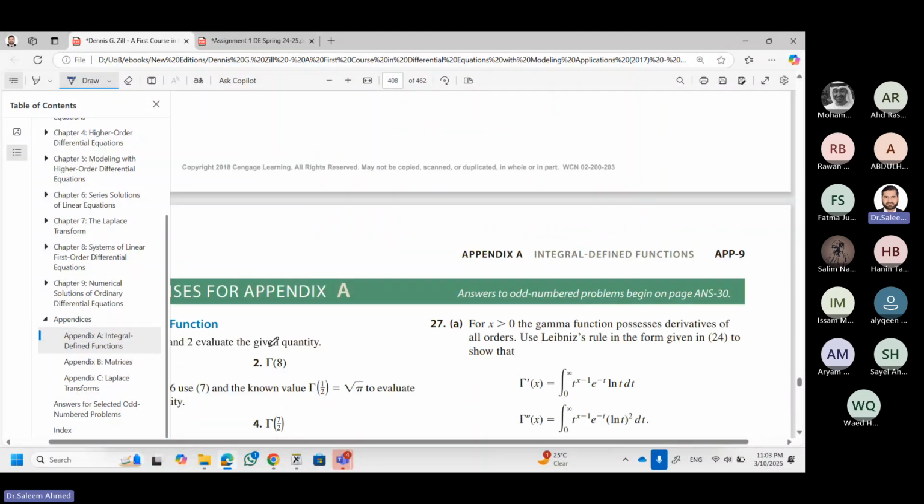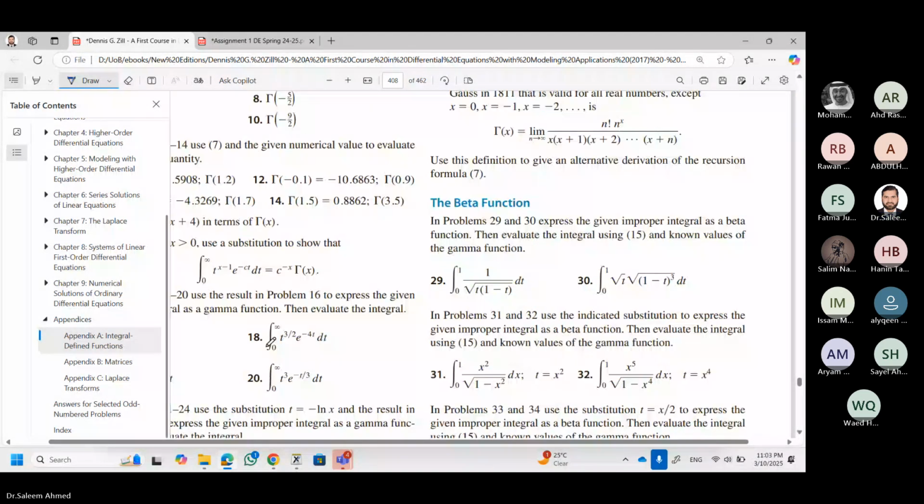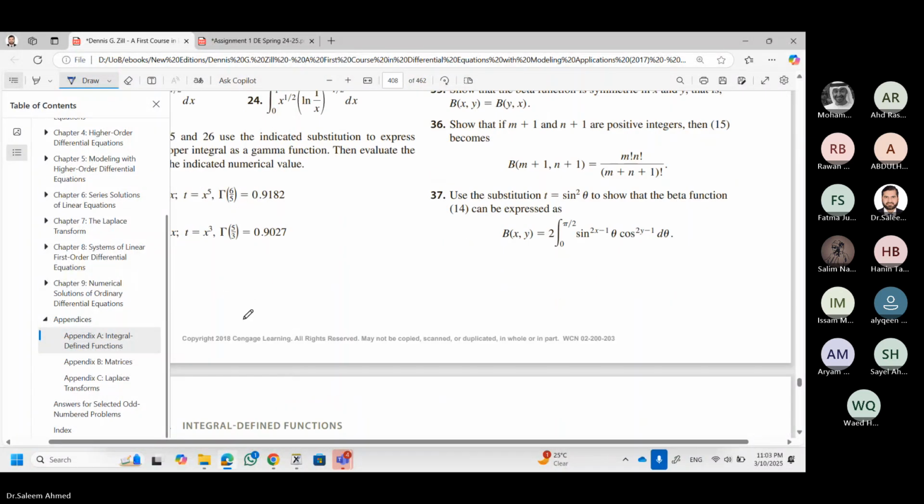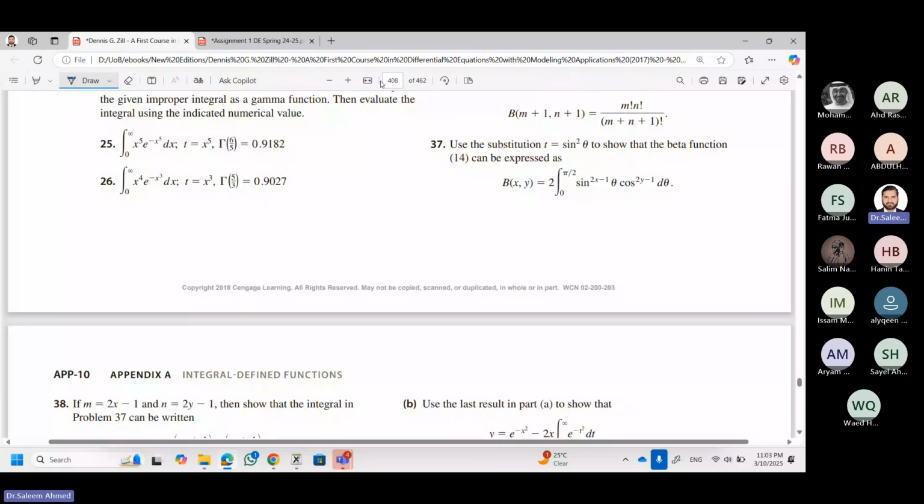Usually, these are given at the beginning and at the end. Give me a second. Okay, so I think it's not given. The table is not given here. No issues.